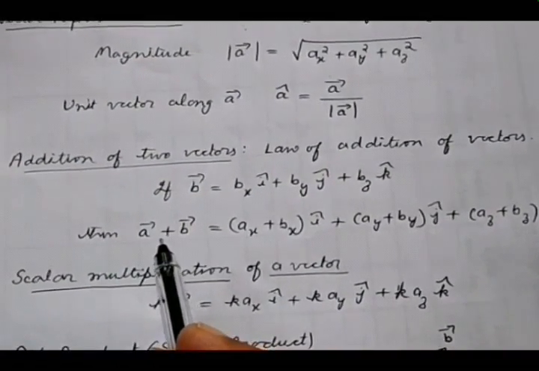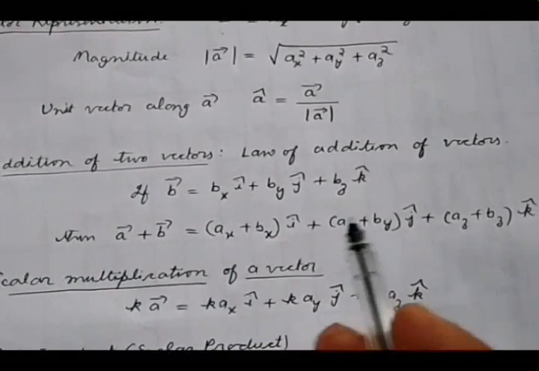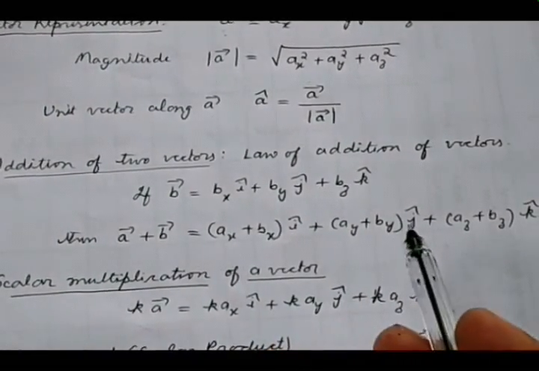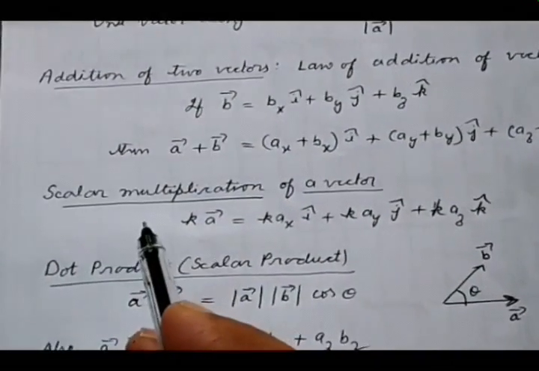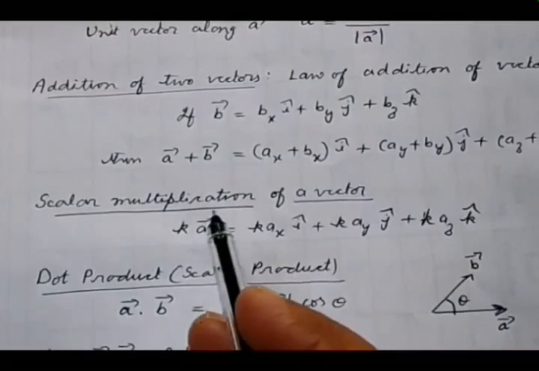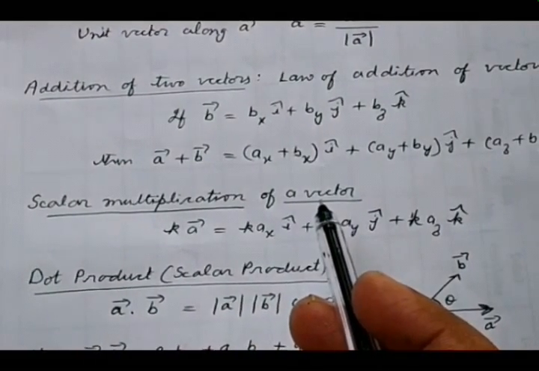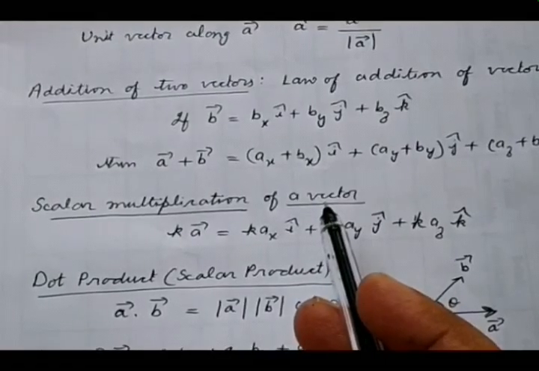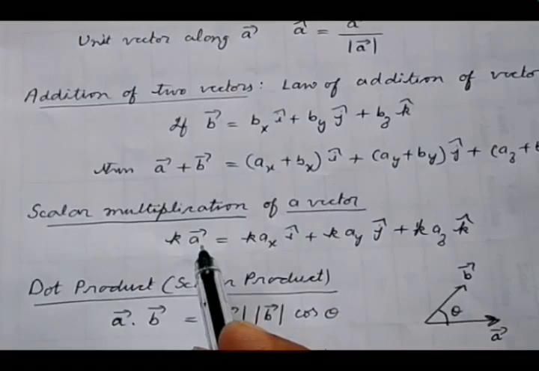So here the sum of the two vectors is again a vector. You can see that there is the presence of the unit vectors, which means this is again a vector. Now let's come to scalar multiplication of a vector. So let's say we have a vector A bar and we are multiplying that by a scalar, say k. So k into A bar.